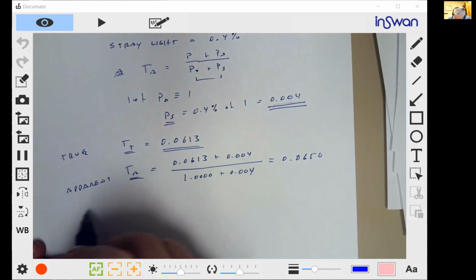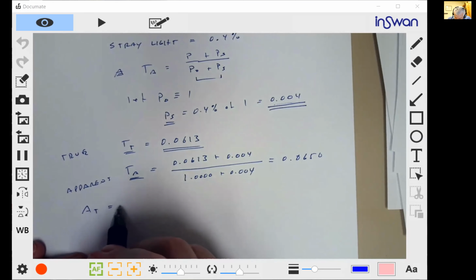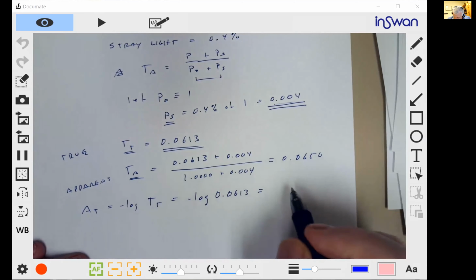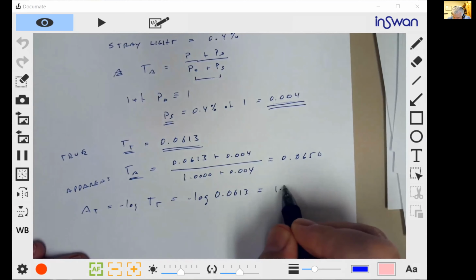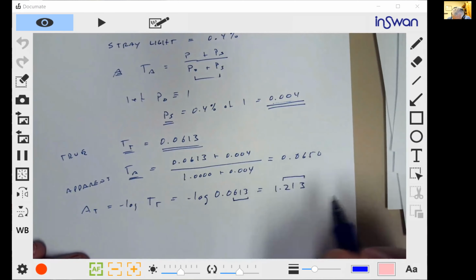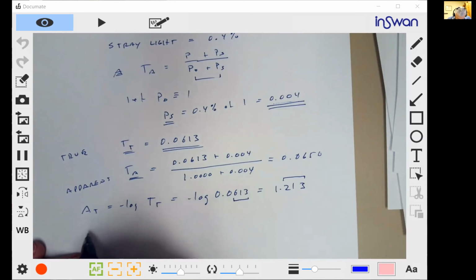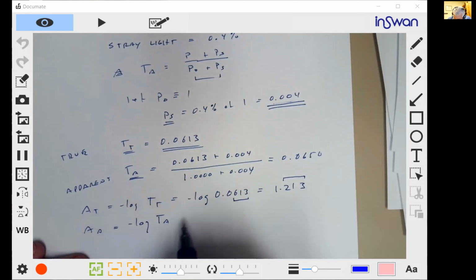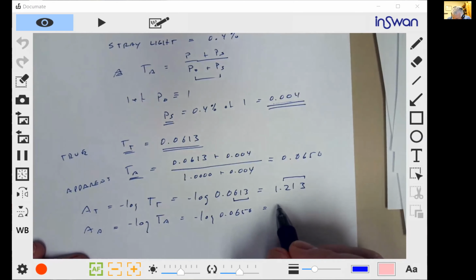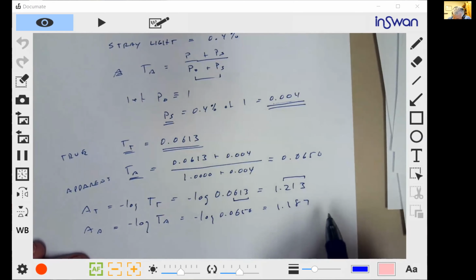So the true absorbance will equal the negative log of the true transmittance, and that will equal the negative log of 0.0613, which will equal 1.213, right? 3 sig figs here, 3 sig figs here. And A sub A will equal the negative log of T sub A, which will equal the negative log of 0.0650, which will equal 1.187.